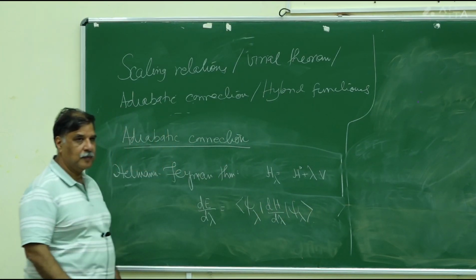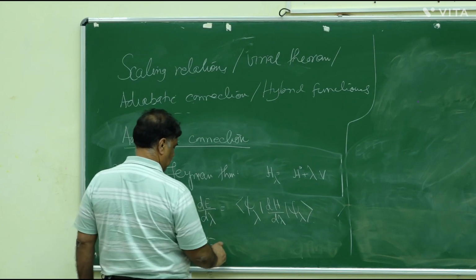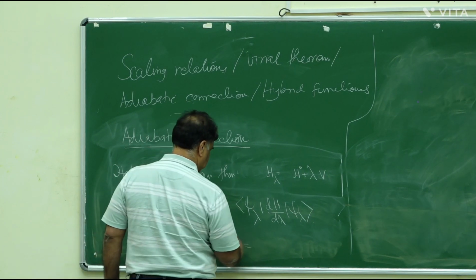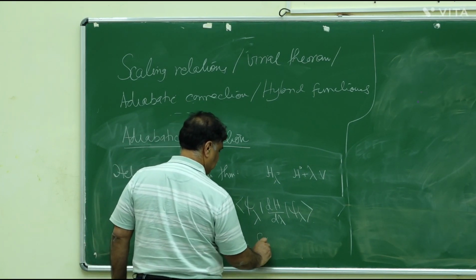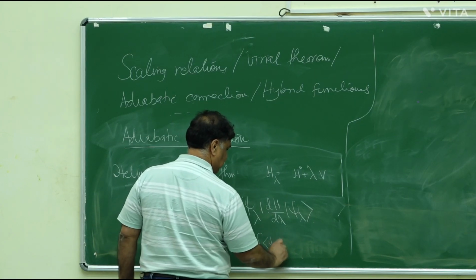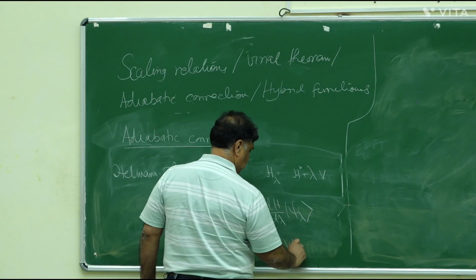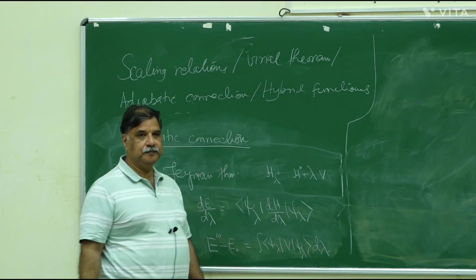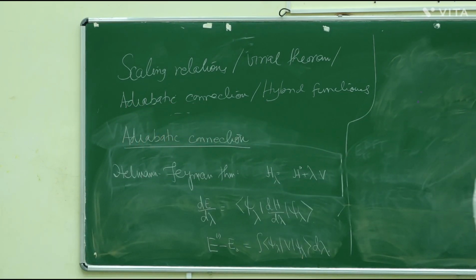And therefore, E minus E_0 can be calculated as the integral of psi_lambda, dH by d lambda, in this case whatever it is, V, psi_lambda, d lambda. That's the Hellmann-Feynman theorem. This we learned in quantum mechanics.